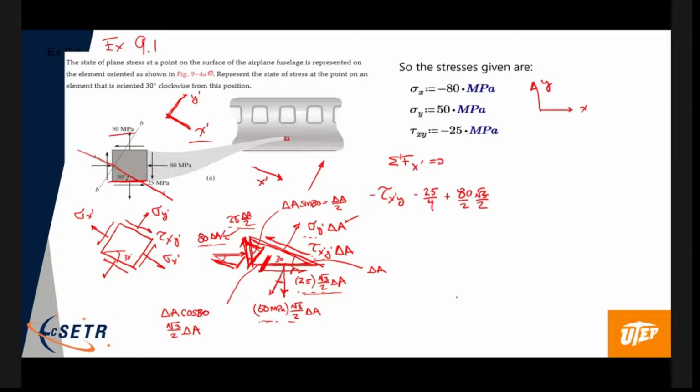On the bottom face, this component gives me a sine, so it's another 1/2, going in the positive direction, so plus 25 rad 3 on 2 times 1/2, and then the traction component on the bottom.